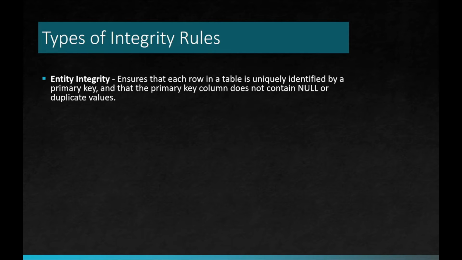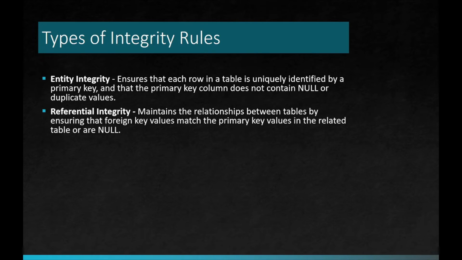So in other words, if you have a customer with a social security number or TRN, whatever the tax ID is in your country, then when you set that tax identifier as a primary key, you cannot have a duplicate in the database. So it is implemented using the primary key, and your primary key must have a value. Now the second one is referential integrity.